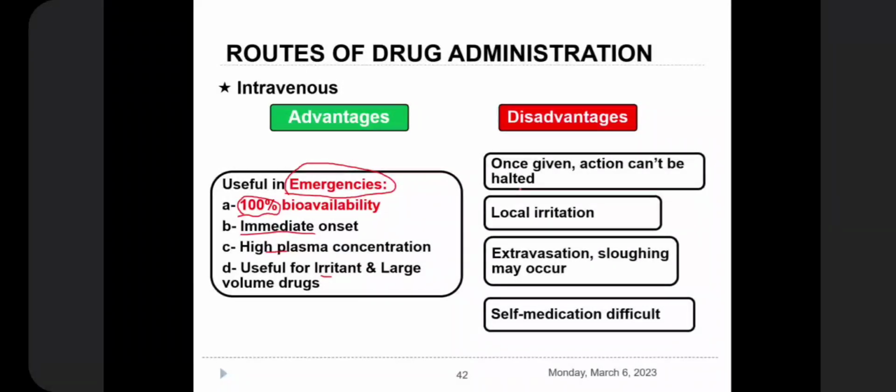So if you decide to give a drug by the IV route, you need to be very careful. Yeah, give the accurate dose and give the right drug. You know that? Yeah, because it's very hard to stop the action, not like oral administration. Okay, so I think this is very dangerous. And next, it will cause some local irritation.